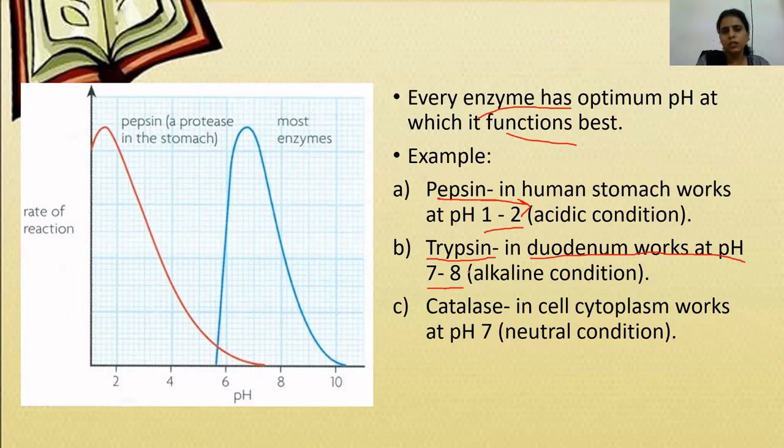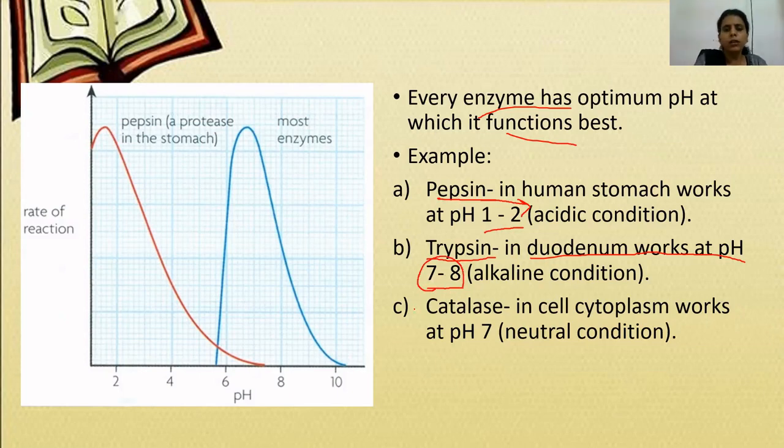These juices make the food alkaline and change the pH to 7 to 8. Hence the optimum pH for trypsin is between 7 and 8.